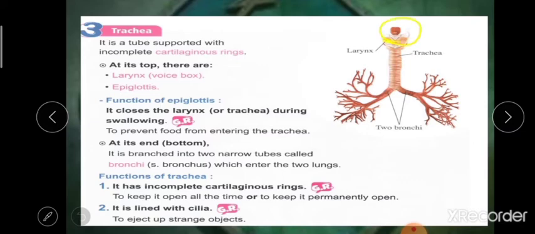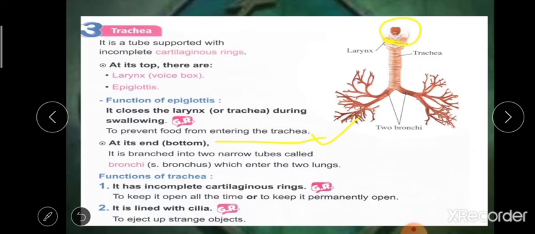So the epiglottis at the top of the trachea, give reason, is important to prevent food entering the trachea, or to close the trachea during swallowing. The food doesn't enter the two lungs because there is an epiglottis at the top of the trachea which closes it during swallowing.